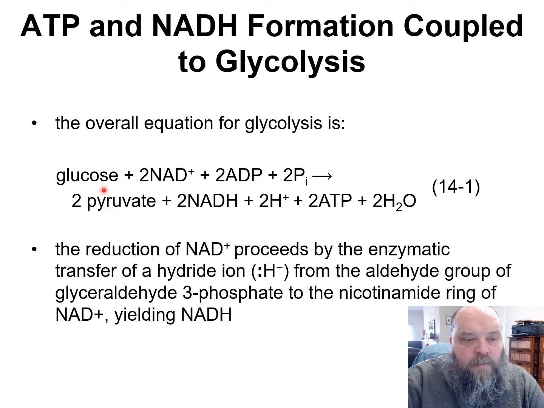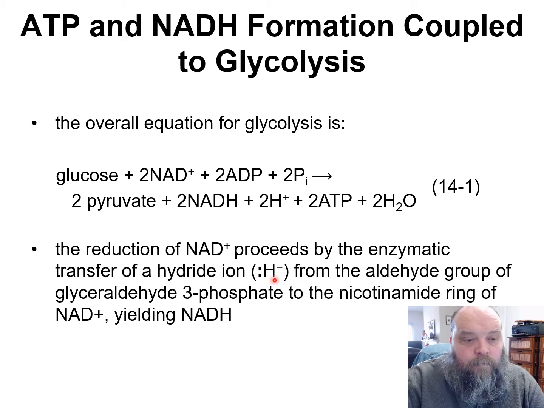some of the reactions of taking the G3P, turning it into pyruvate, you're going to release some different molecules here. And also of taking the inorganic phosphates and adding them to ADP, there's going to be some release there also. It's the reduction of NAD, reducing it to NADH by the transfer of a hydride ion.